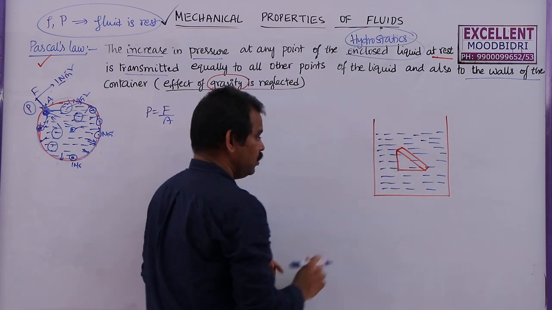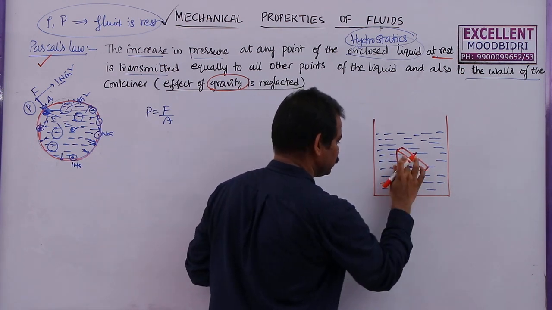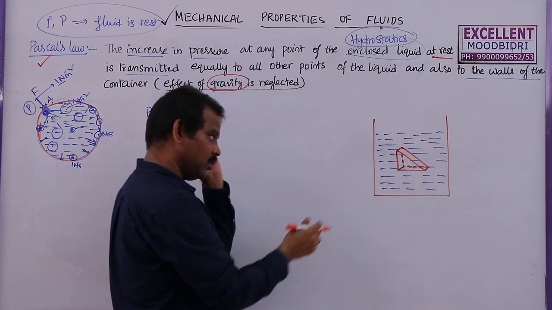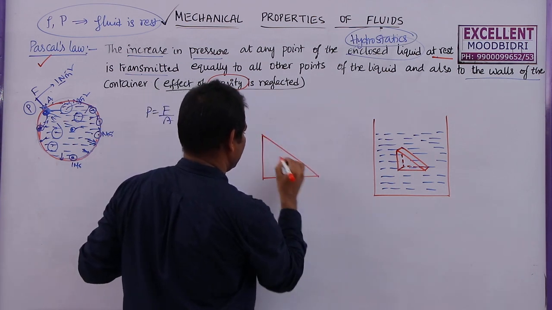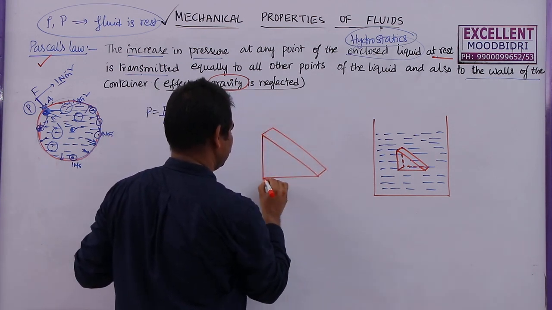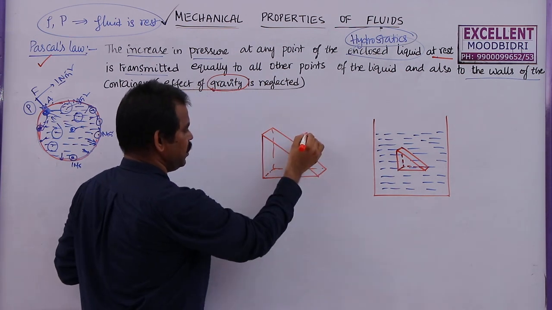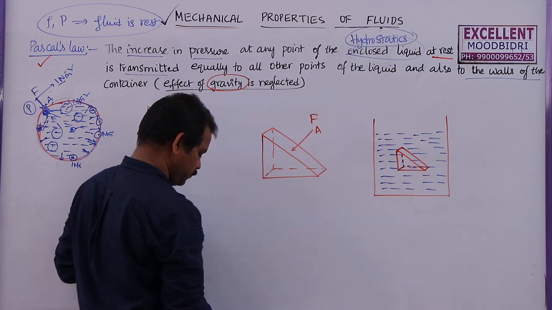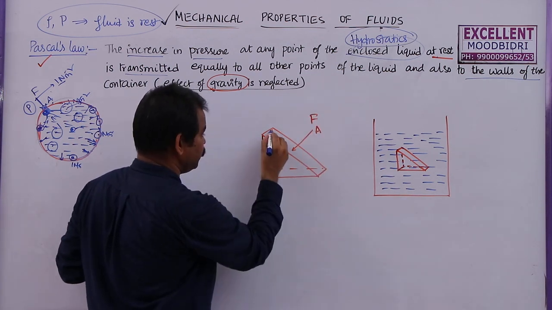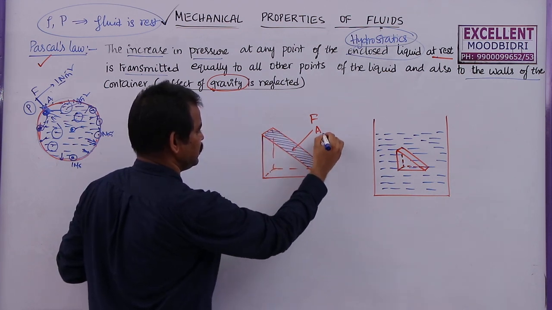Now the same triangular prism I am redrawing here, a bigger one. If the area of this face is A and the force acting is F, I am going to write this face area as A_A.